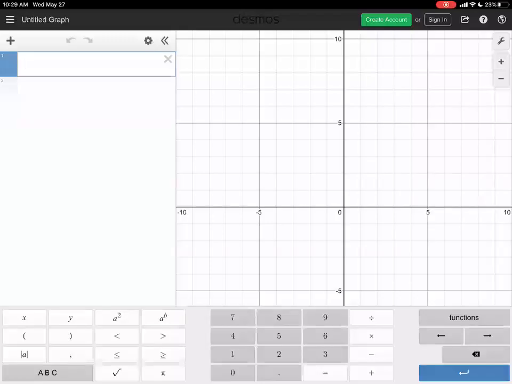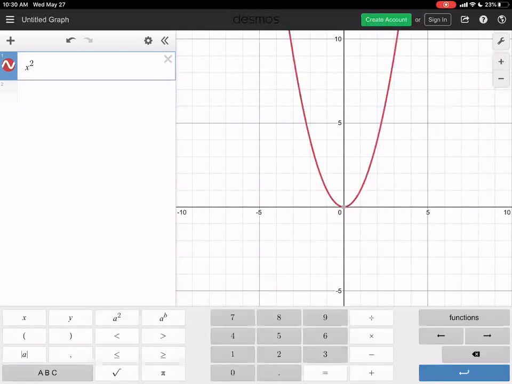Okay, so now I'm on the graphing function of desmos.com, or you can use the app. Either way, we are going to type in x, and then we need x squared. There's an a raised to the second here, and that's what we're going to press, a squared.